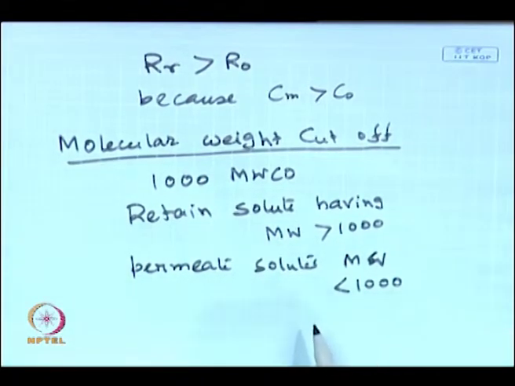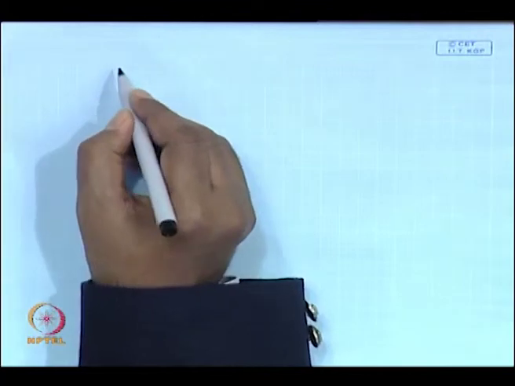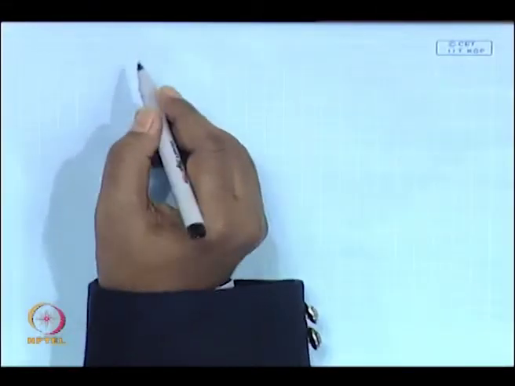Now, how to determine the molecular weight cutoff of a particular membrane is very important and quite crucial as far as membrane researchers are concerned. What one has to do is prepare solutions of solutes having different molecular weights. Suppose I have prepared a membrane, I will prepare, let us say, a 10% or 1% solution of various solutes.